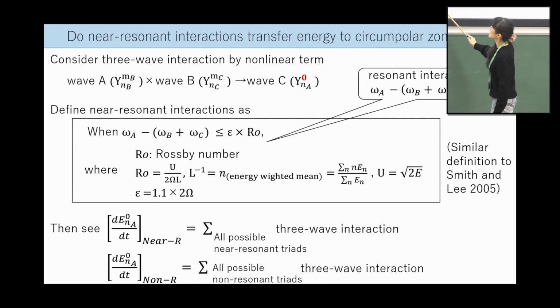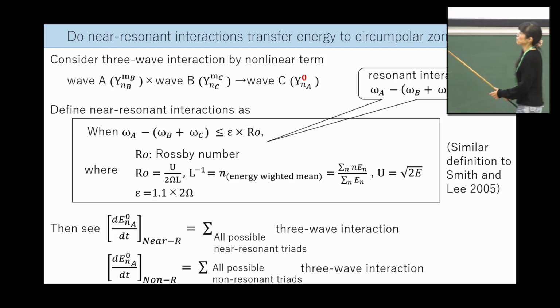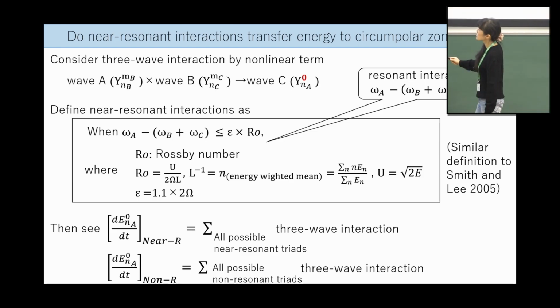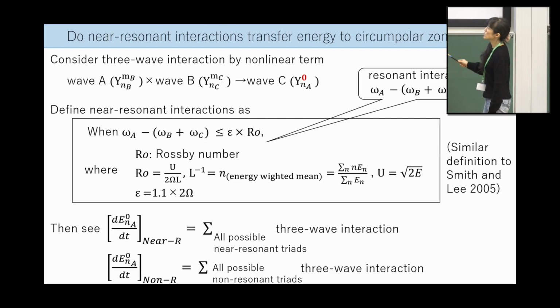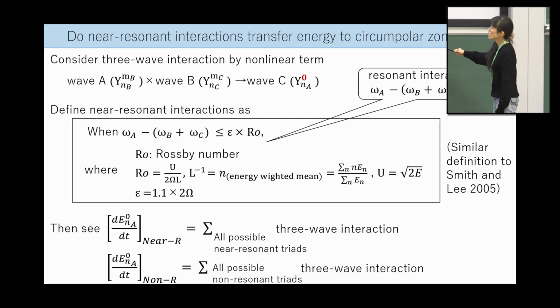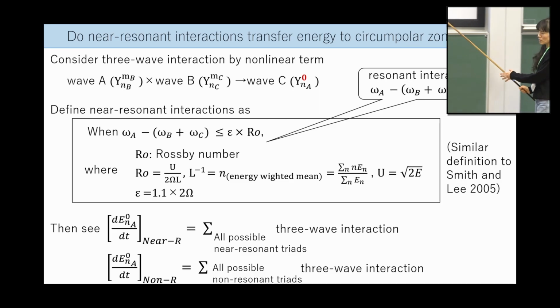And the Rossby number is defined by the use of the rotation rate of the sphere omega and the length scale and velocity scale of the flow. And by using this definition, we see the time derivative of energy of zonal Rossby modes only caused by near resonant interactions, or the time derivative of energy of zonal Rossby modes only caused by purely non-resonant interactions.